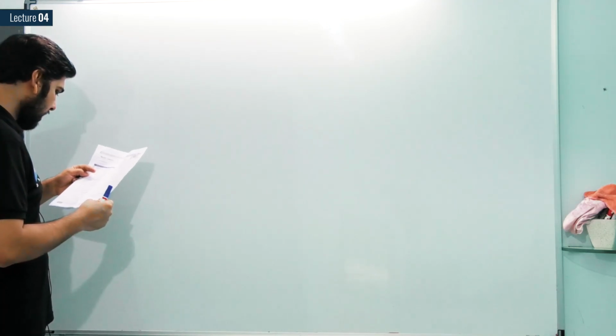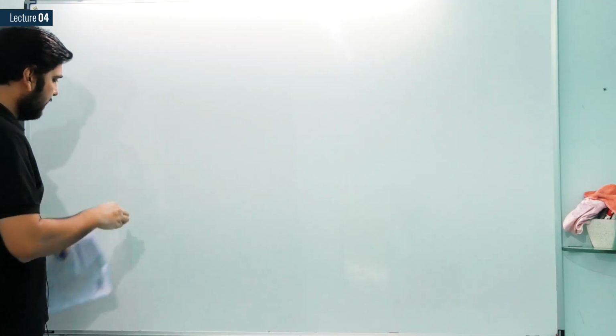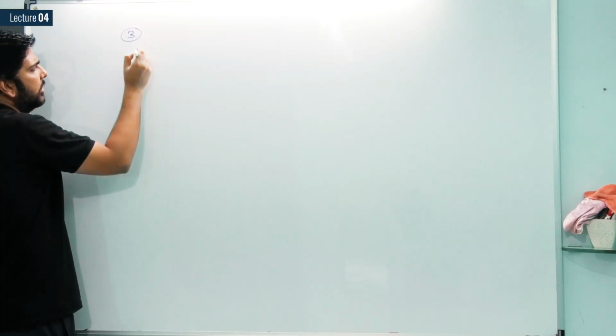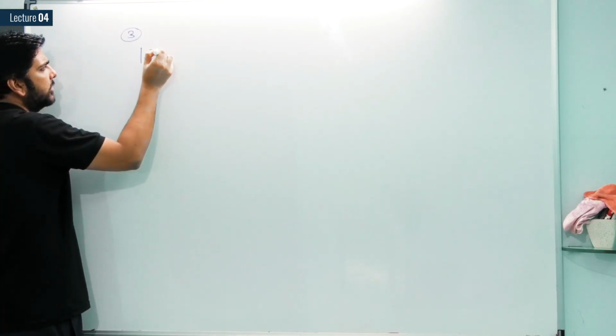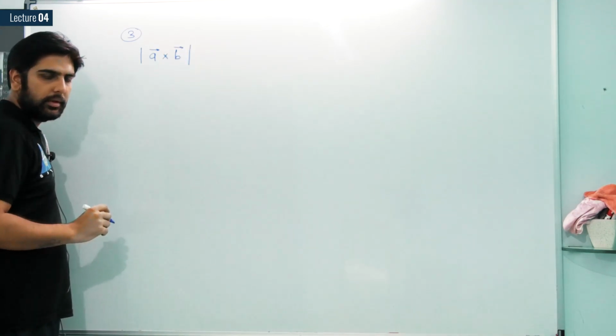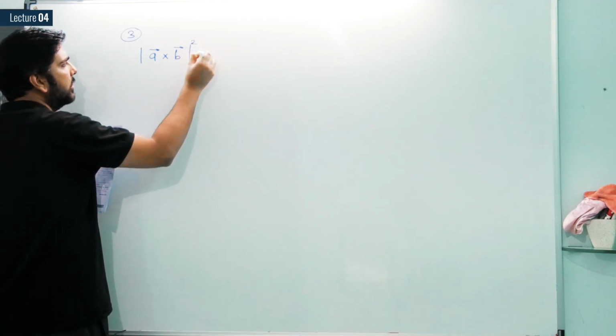If a and b are 2 arbitrary vectors, with magnitudes a and b respectively, then the value of... So in question number 3, we need to solve what? A cross b, whole square. Okay.